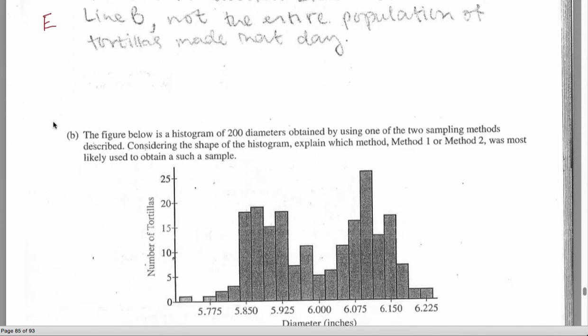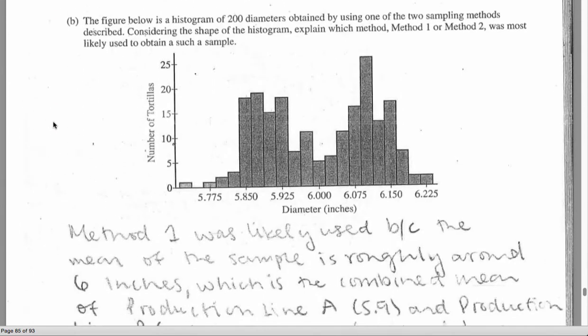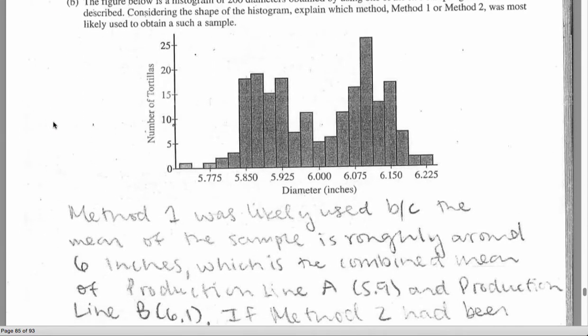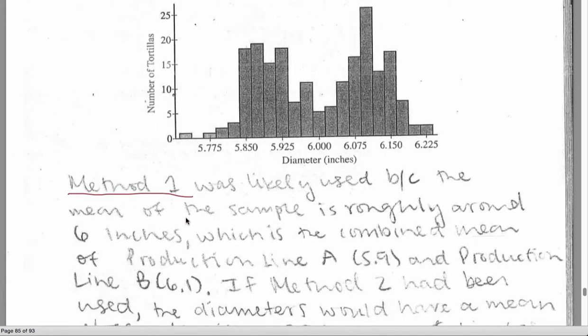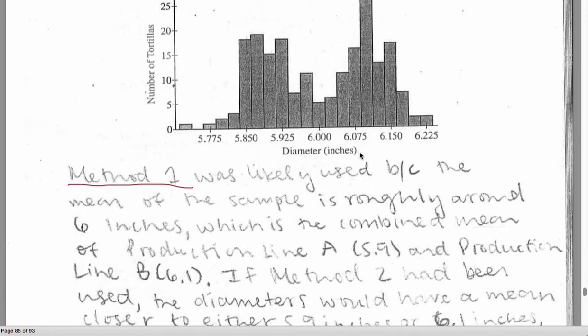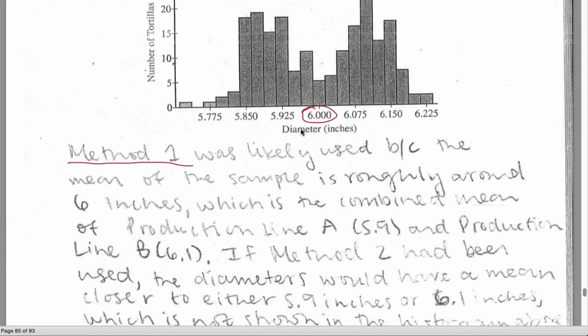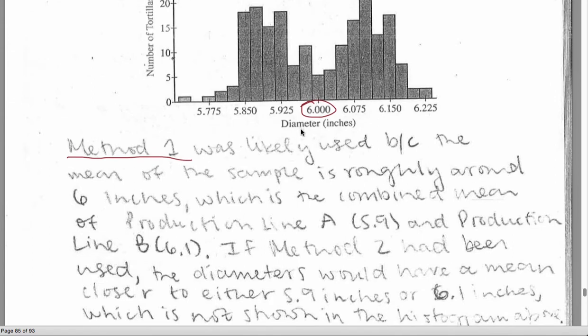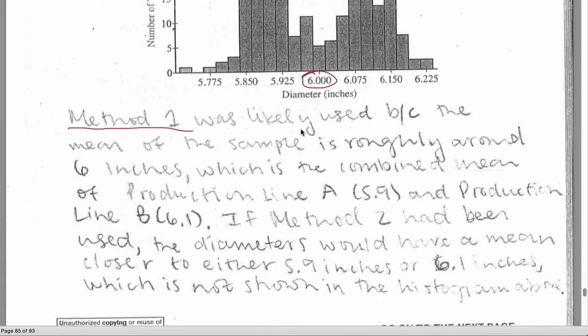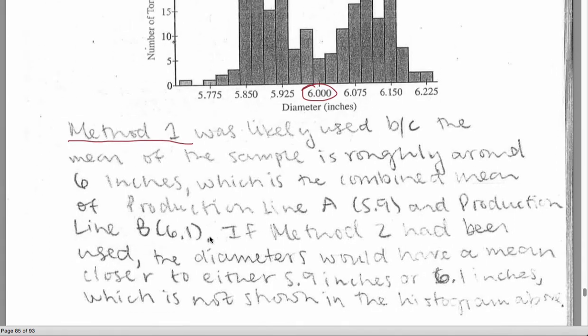In part B, the question was which of the two methods was likely used, and they said method 1, which is correct. The reasoning is because the mean of this sample is roughly around 6, which is the combined mean of both production lines, 5.9 and 6.1, and that right there would have been enough, actually.